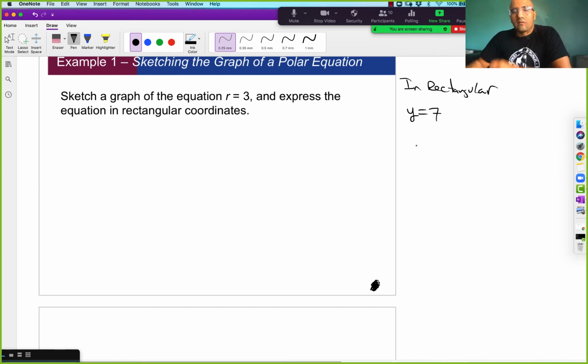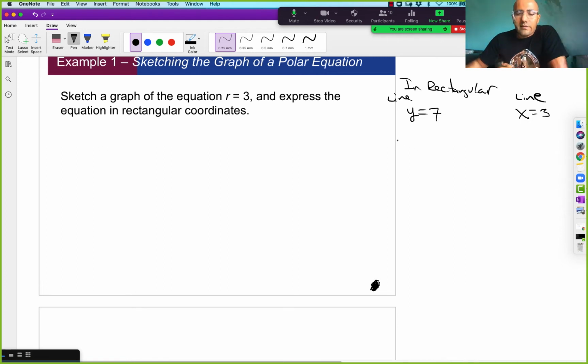How do you explain this one? Or how do you explain the line x equals 3? This is definitely a line: the line y equals 7 or the line x equals 3.